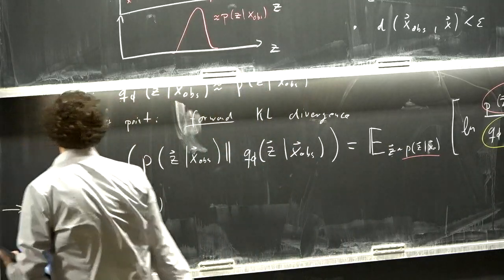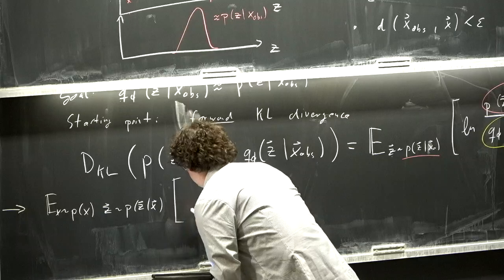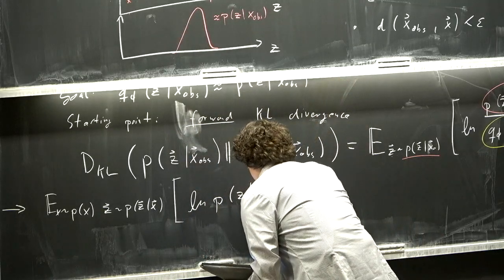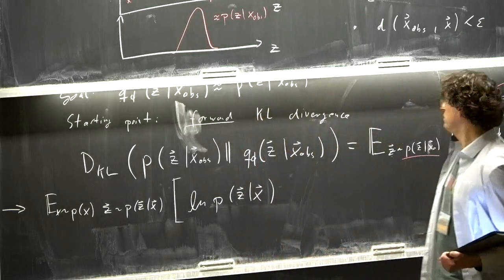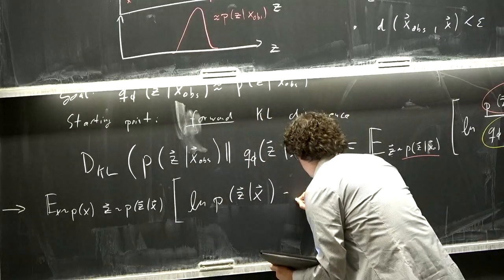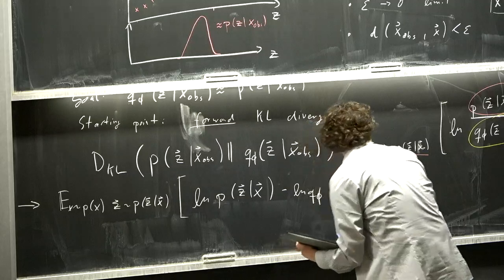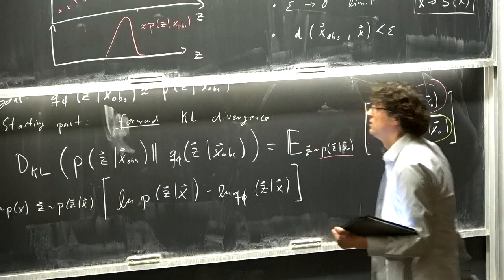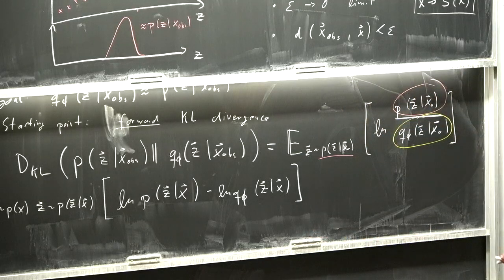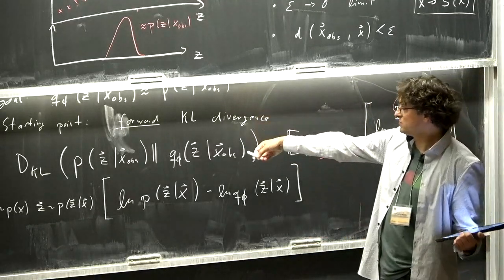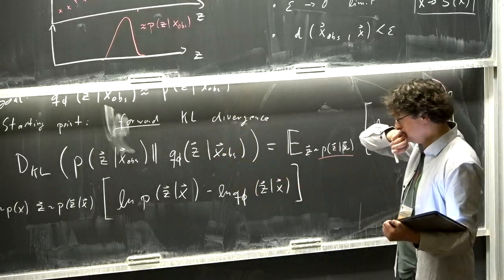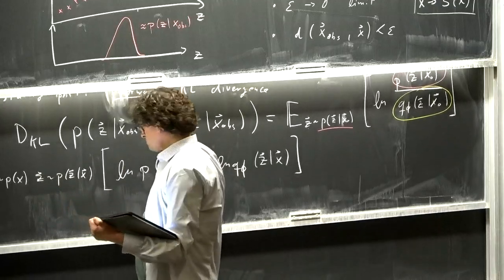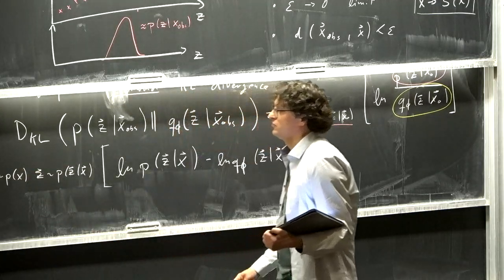And then we still have this log ratio here, and I split this up into the true posterior and the variational posterior. Good, so now this is a slightly more general loss, right? Rather than just looking at the KL for a specific observation, we look at KL averaged over a wide range of observations, all drawn from the Bayesian evidence.